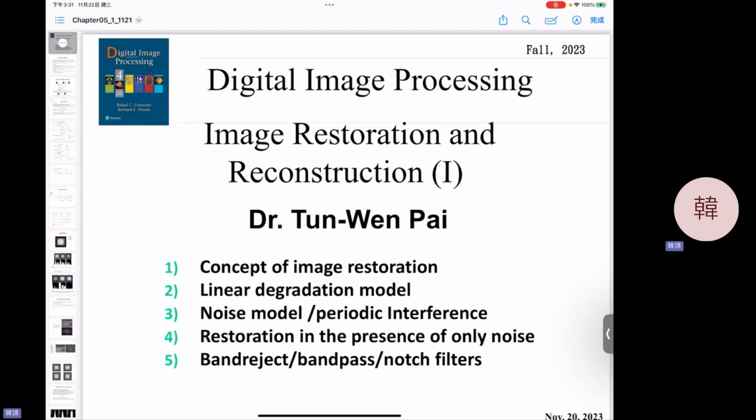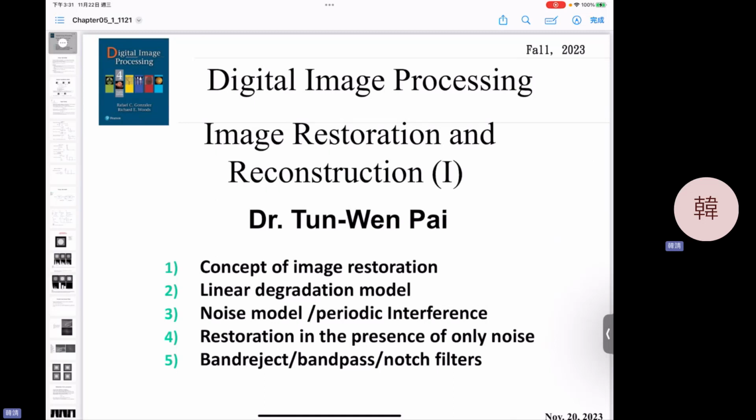To evaluate whether your filter is good or bad, you have to collect a lot of viewers, use a questionnaire, and have them respond from 100%, saying this is very good, good, okay, bad, or very bad. So they give different evaluations of the enhancement result.